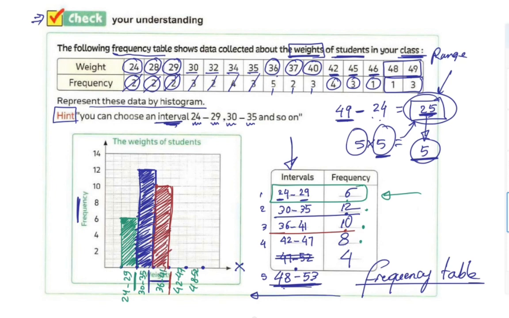Next one, 42 to 47. The 42 to 47 interval has 8 frequency. Where is 8? Here. So from here I will draw this rectangle and hatch it like this.